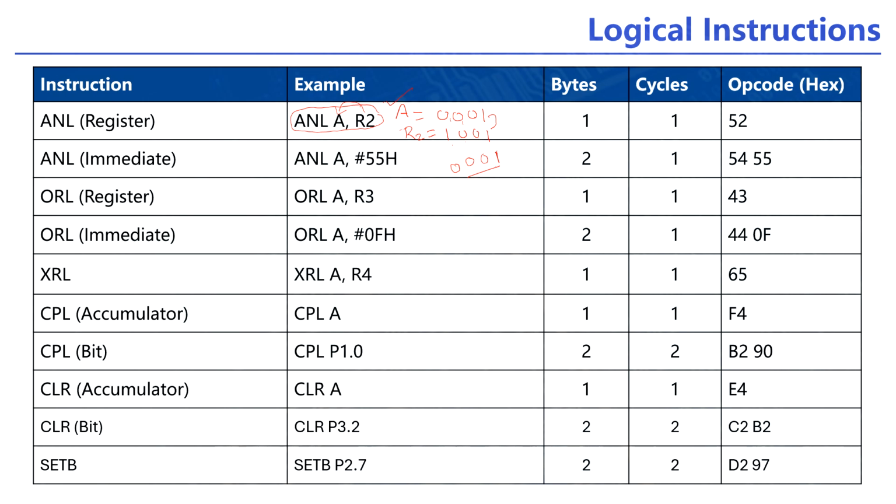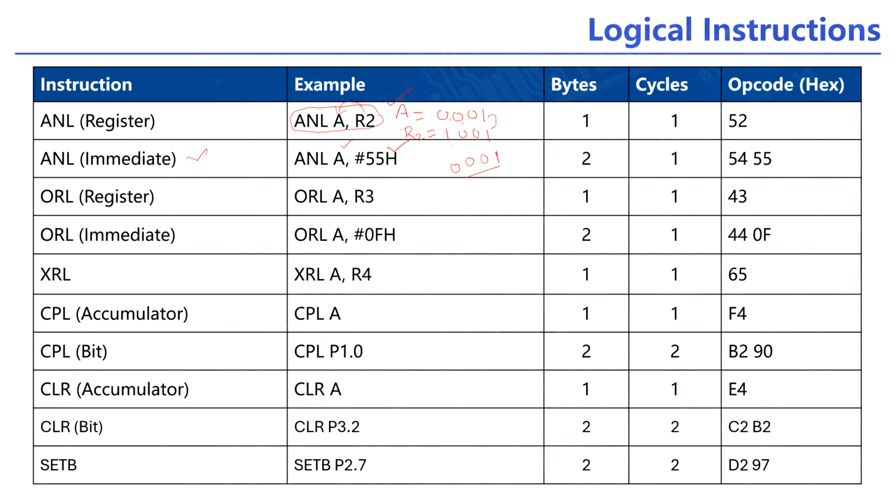In a similar way, we can calculate this AND logic in the immediate form. So we can use here an immediate number. Suppose A holds some value, and the immediate value 5 is also included, so we can multiply these bits one by one.